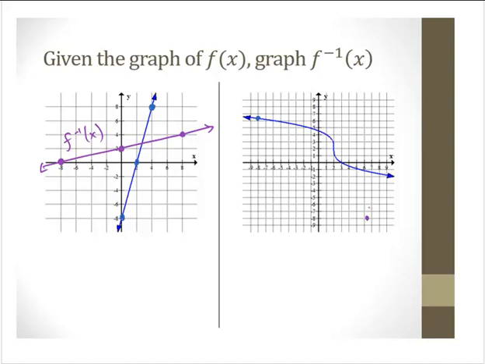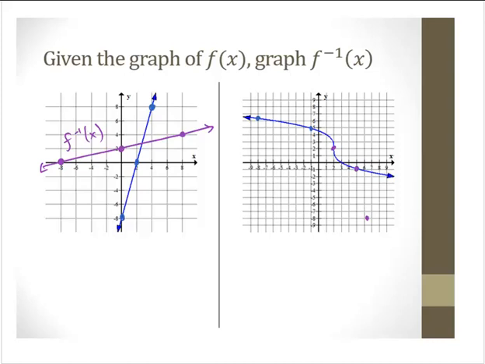What's another good point? It looks like I have the point negative 1, 5, or something pretty close to it. So I would go to 5, negative 1. I have 2, 2, and so its inverse would also be 2, 2.